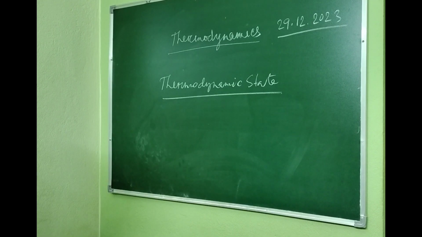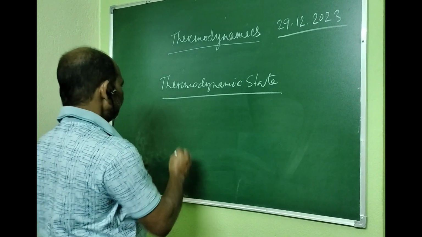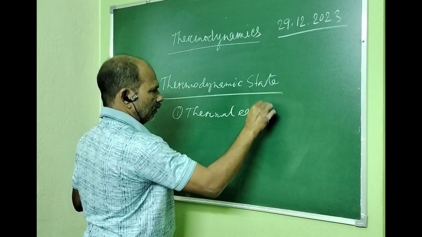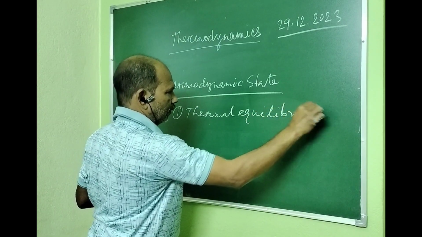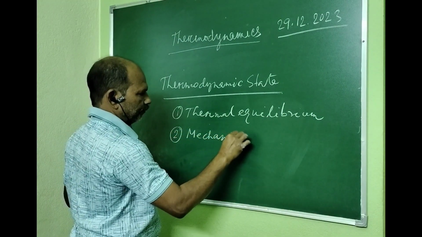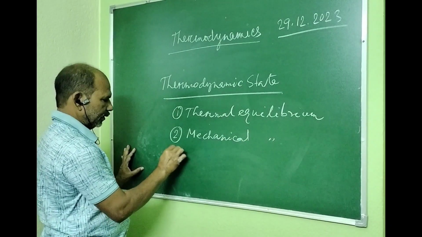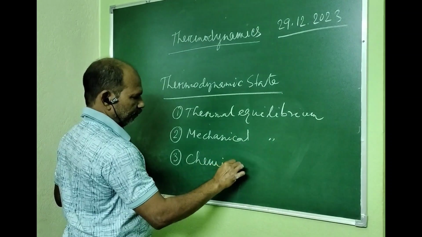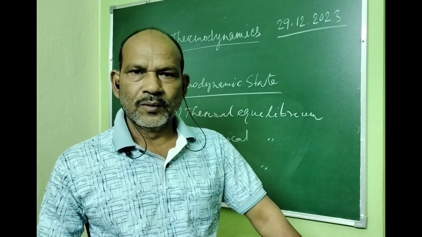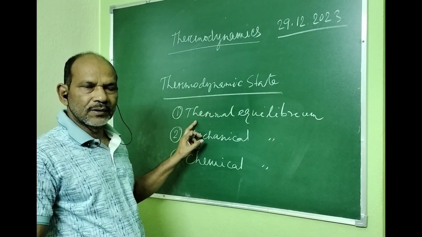Now I will discuss what is a thermodynamic state. When a system is in equilibrium, there may be three types of equilibrium. One is thermal equilibrium, number two is mechanical equilibrium, and number three is chemical equilibrium. In thermal equilibrium, when time passes, the temperature of the system remains constant.